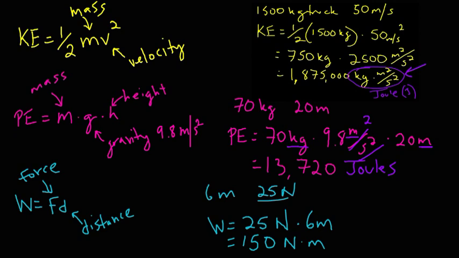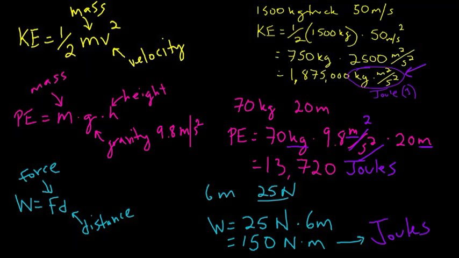Guess what? A Newton meter is going to be the same thing as, and you know what, I might as well switch it, same thing as joules. And that all makes sense because a Newton is really a kilogram meter per second squared, because it's dealing with the mass and the acceleration of an object, and then you're adding in the extra meter there, and so you end up getting to that same thing, kilogram meter squared per second squared.